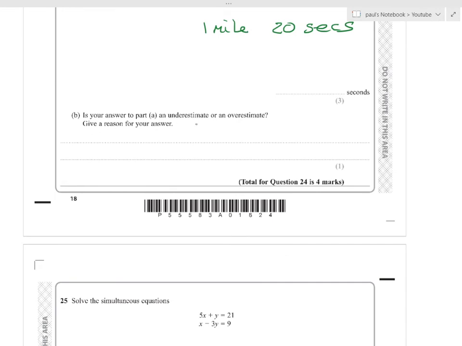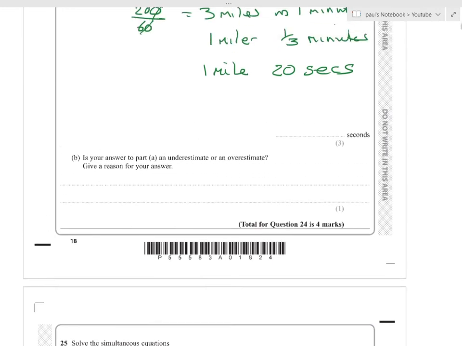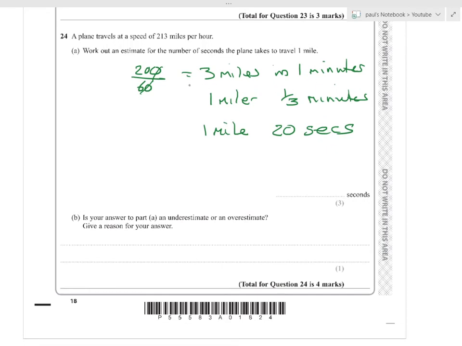If you answer the part underestimate and overestimate, let's have a look. 3, I think. Let's have a look. 3 miles in 1 minute. It's actually going to do 4, so mine's an underestimate.